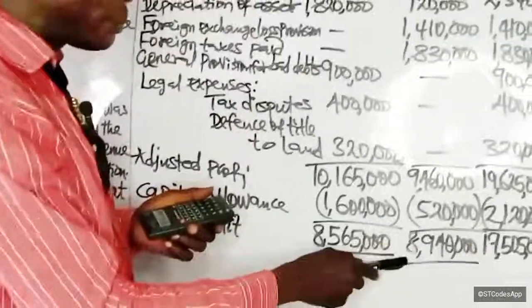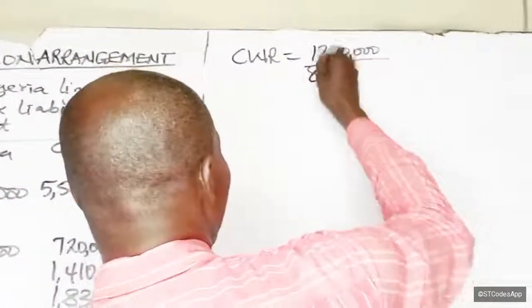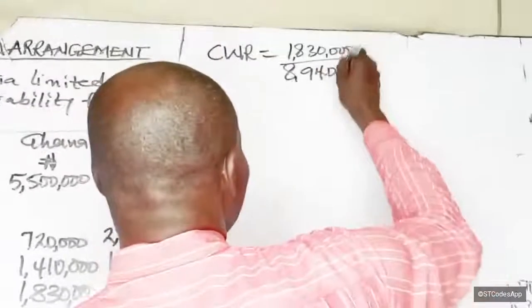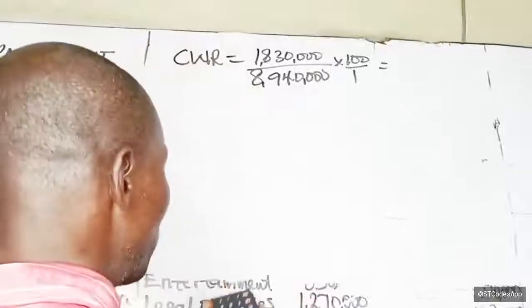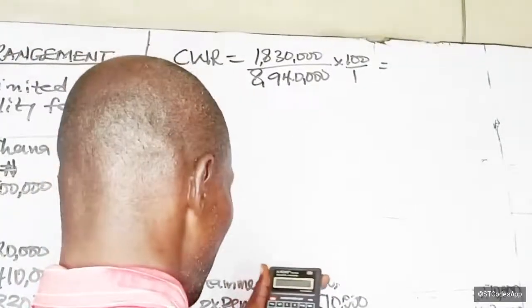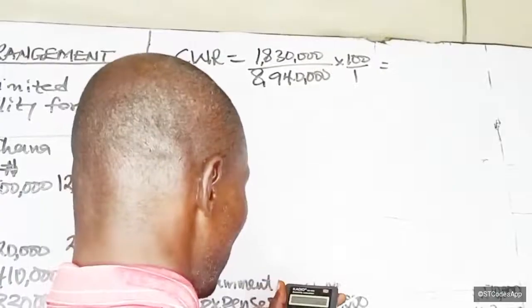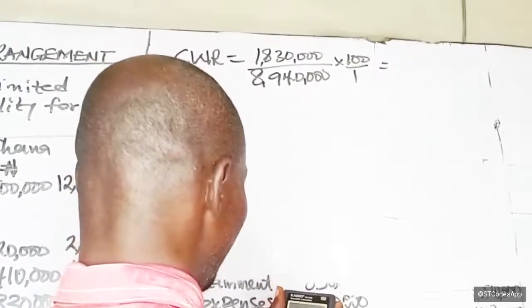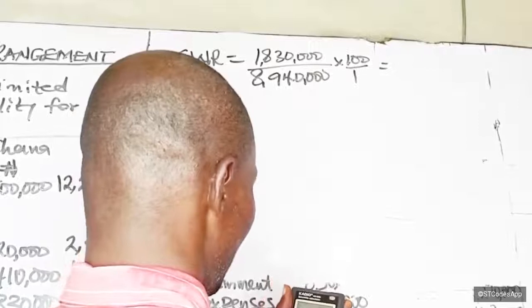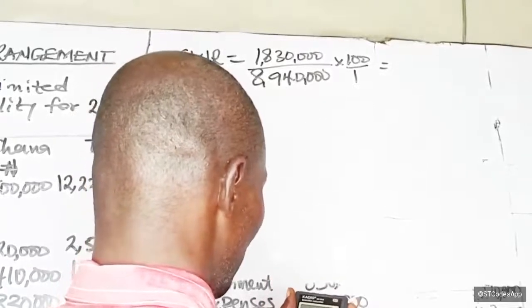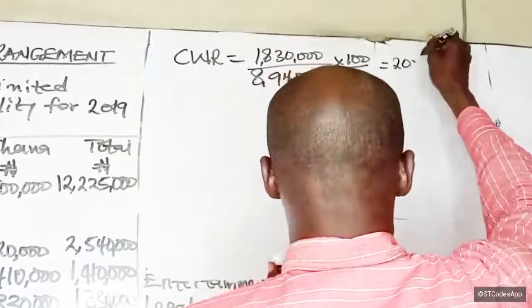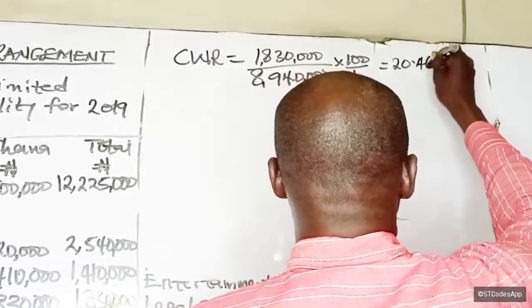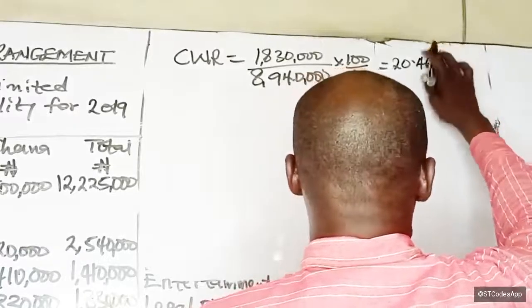We got 8,940,000. Times 100 over 1. This will give you the tax rate in Ghana. So 1,830,000 divided by 8,940,000 times 100. So we have 20.47%.